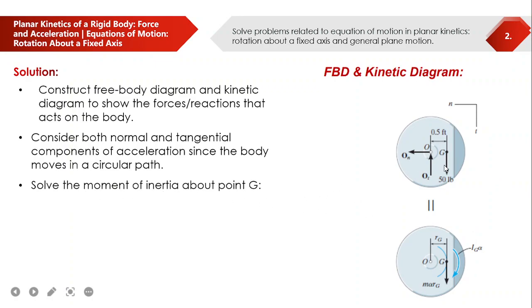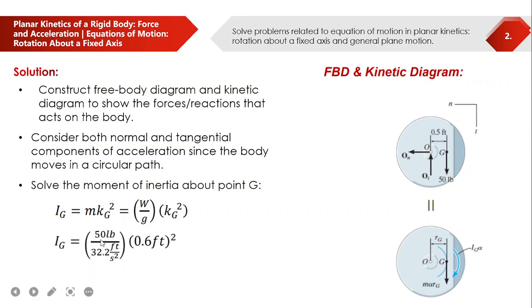So, paano ba isolve natin yung I sub G natin dito? Given yung radius of gyration. So, we already know how to solve for our moment of inertia at point G using the radius of gyration. We multiply the mass and the radius of gyration squared, so you can have your I sub G. Mass is equal to the weight over the acceleration due to gravity, times the radius of gyration squared.